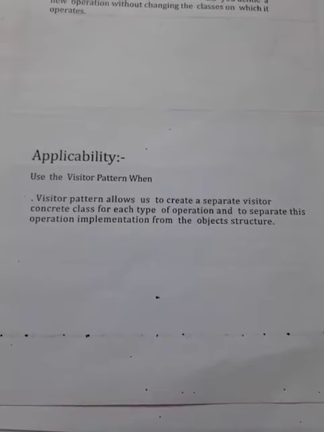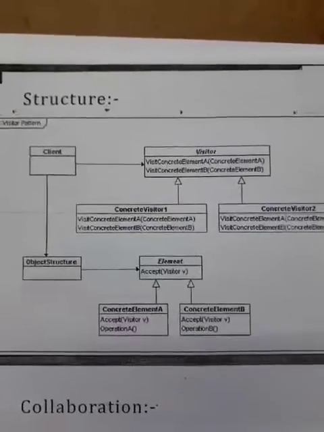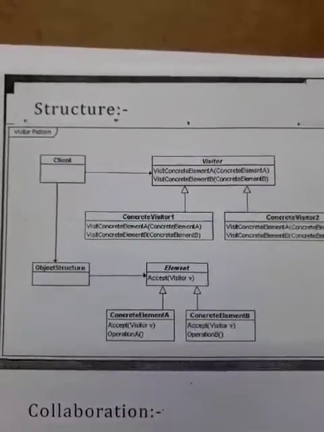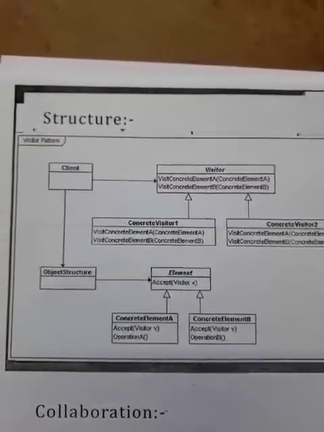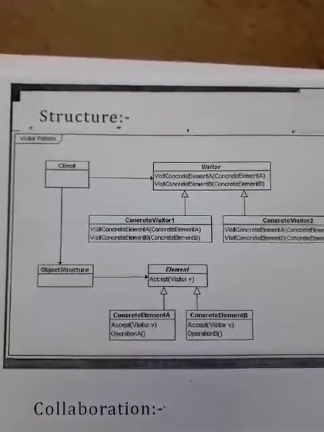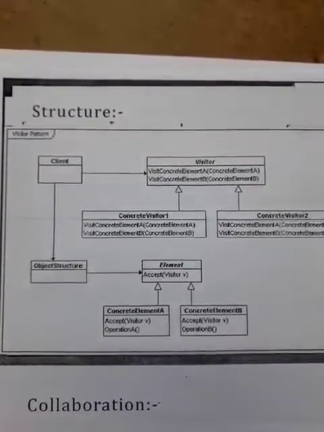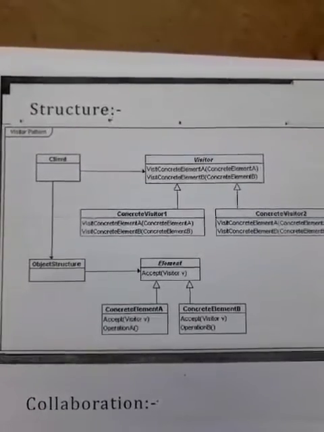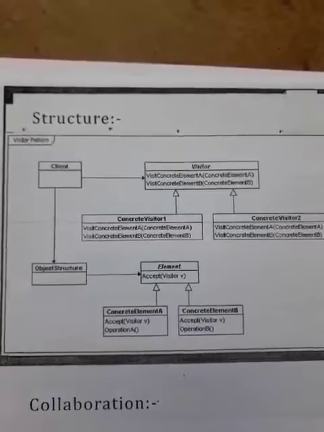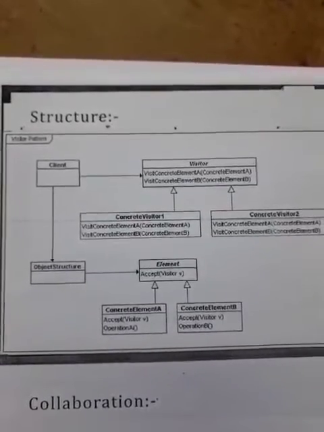Let us see the structure of this visitor pattern. Here we can see the class diagram for this visitor pattern. On the left side we see the client class, and on the right side we see the visitor class, the concrete visitors, concrete visitor 2, and the elements, concrete element A and concrete element B. On the left side, client and object structure.